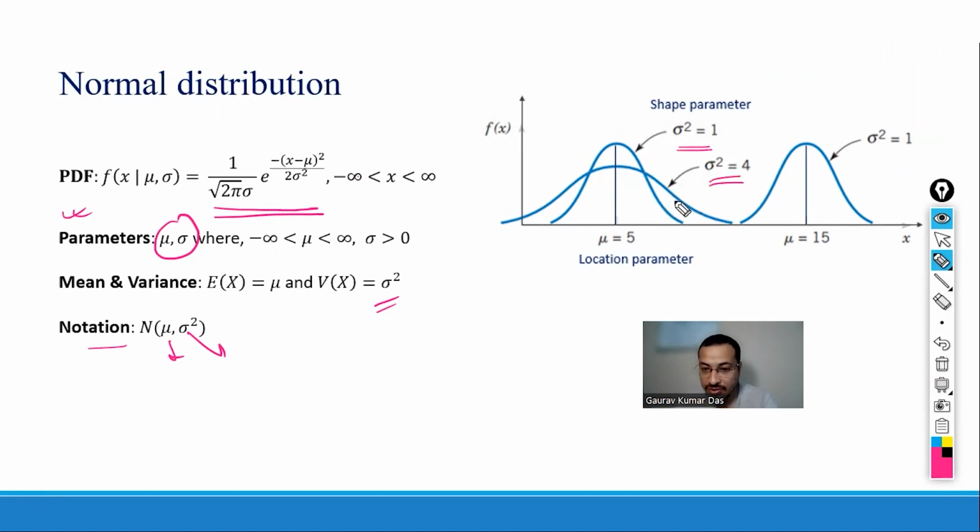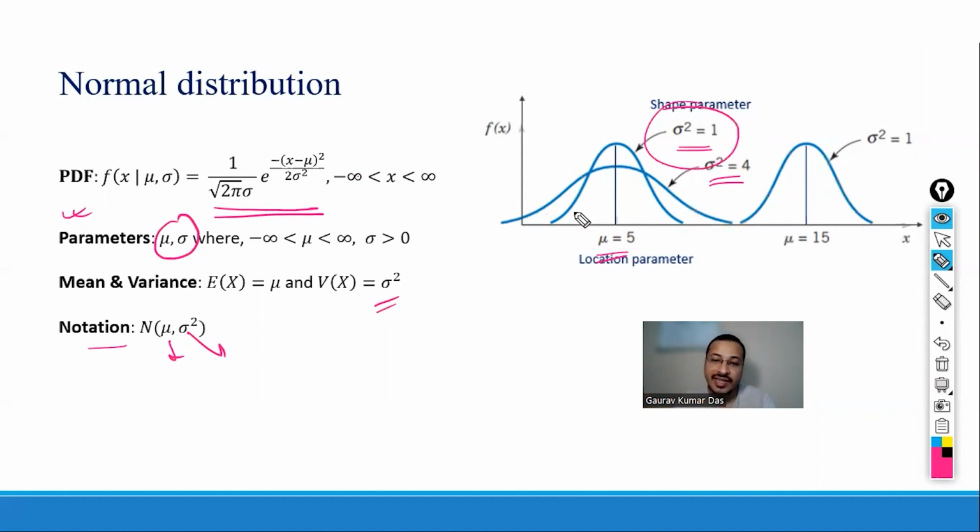Here, variance is 4. As the variance increases, the curve becomes more flat because the range will increase. A higher range with more extreme data points might lead to a higher variance. Same mu, same mean, but the shape has changed due to the change in standard deviation or variance.